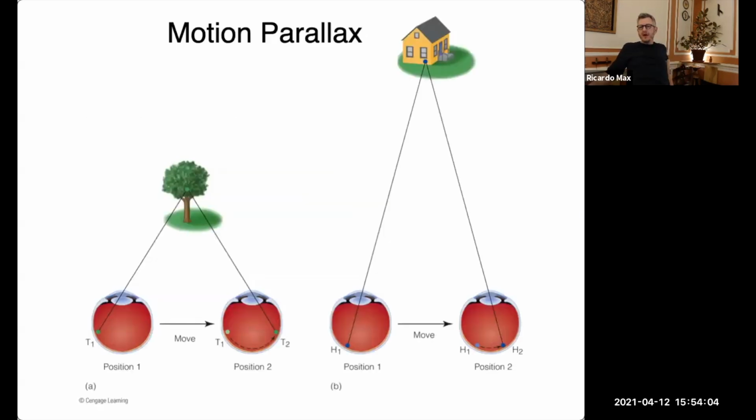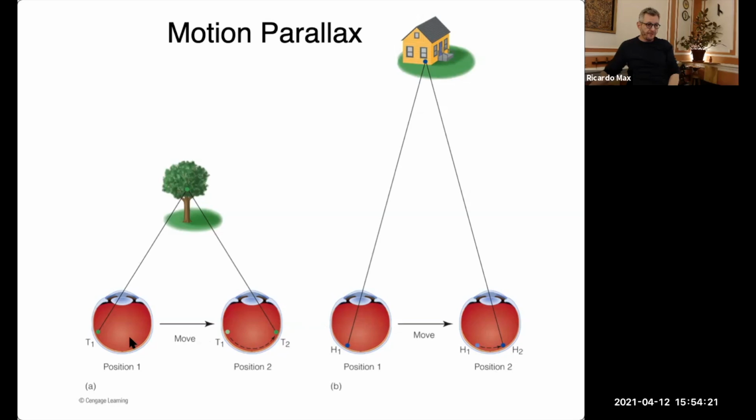So motion parallax is the interpretation of relative distances of objects according to their relative movement on our retina.